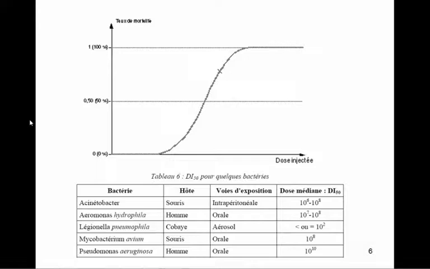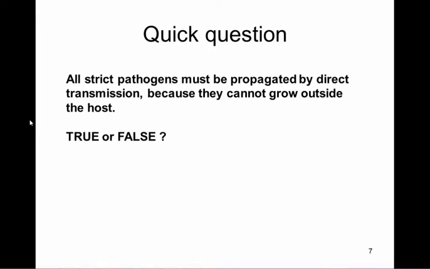Those figures are from humans, and we know them because there was an accident in a research institute in Russia working on biological warfare. So the anthrax bacillus endospores were released, and the people working there were exposed to them. And so it was possible to determine the ID50 for anthrax bacillus.